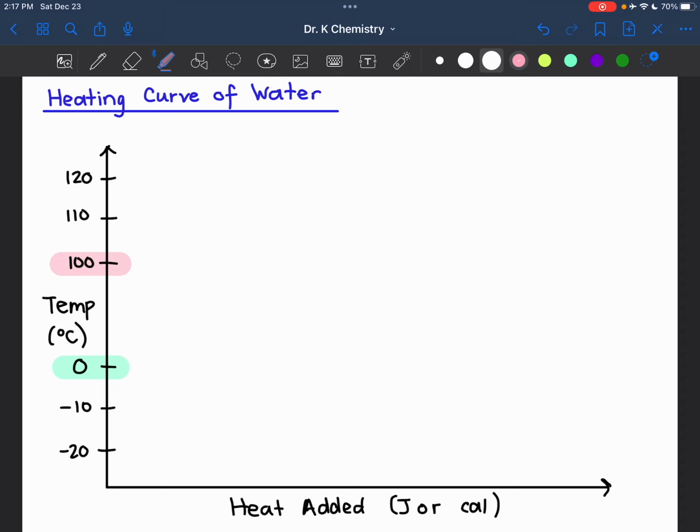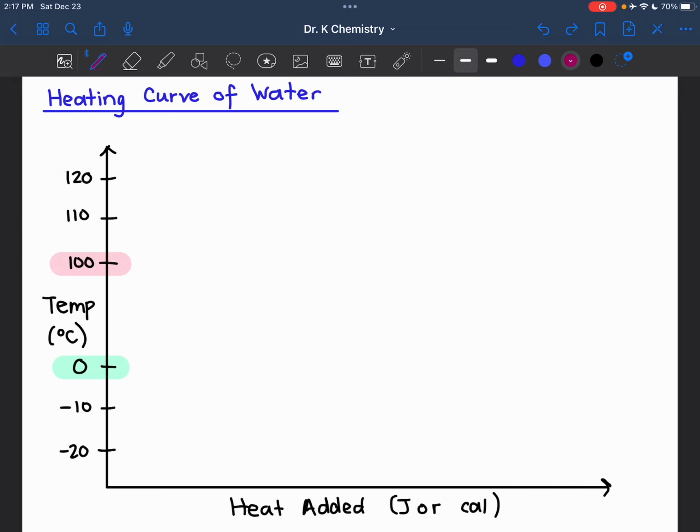Now, there are a couple of temperatures I want to highlight here, and that is 0 and 100 degrees Celsius. The reason those are important is that 0 degrees Celsius is the freezing and melting point of water. 100 degrees Celsius is the vaporization and the condensation, or the boiling point of water. So that's where vaporization and condensation will occur. So those are two important temperatures.